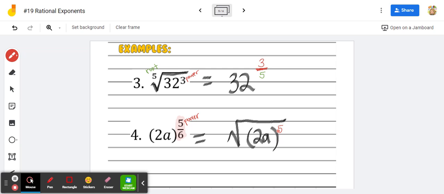It goes inside the root with the base. And the bottom part of our fraction exponent represents our root. So the 6 will go on the outside. So this is equivalent to the 6th root of the quantity 2a to the power of 5. Now it's time to practice.